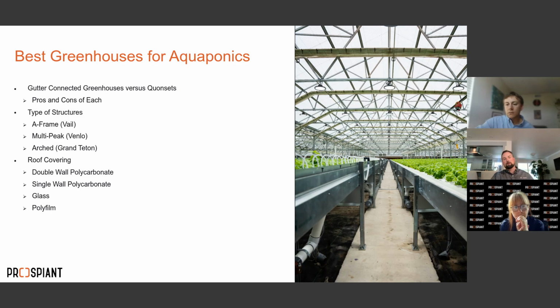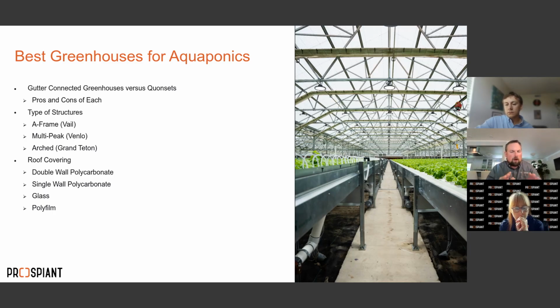And heating is typically the second largest cost of a greenhouse operation, depending on where you're at in the country. So reducing that cost by half by adding in an energy screen is a significant first step to getting better ROIs out of your structure.